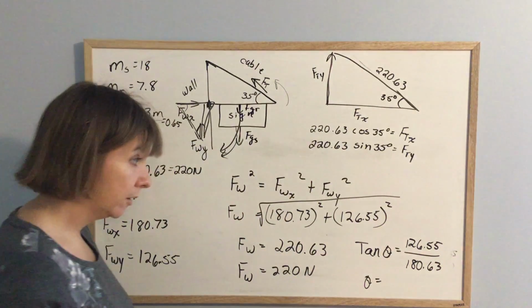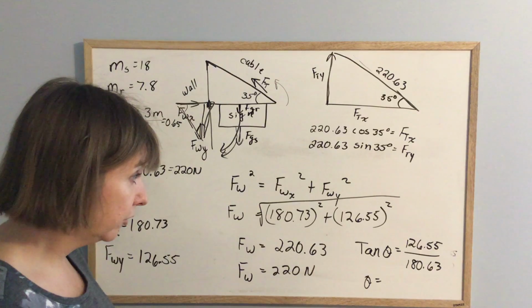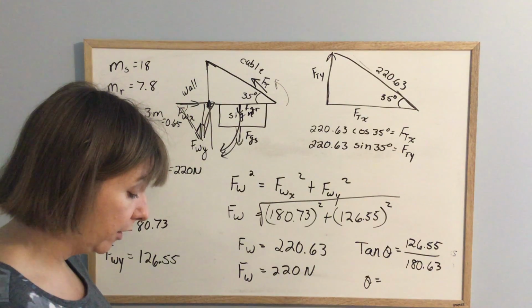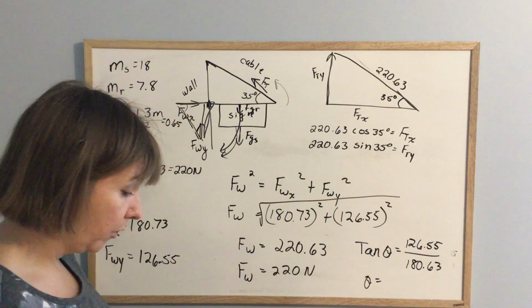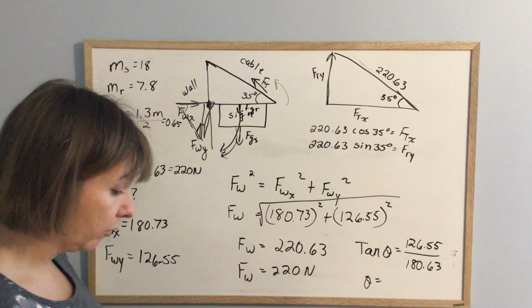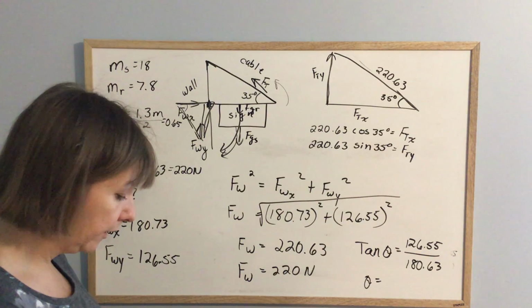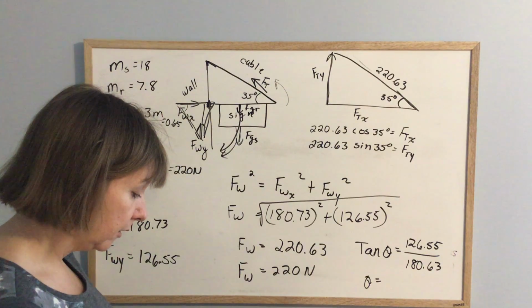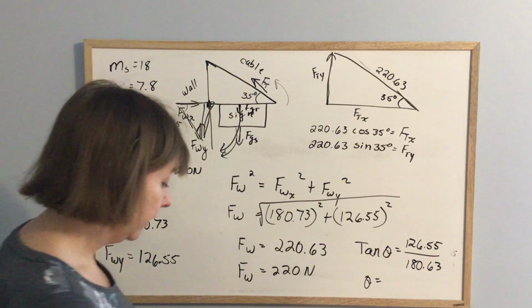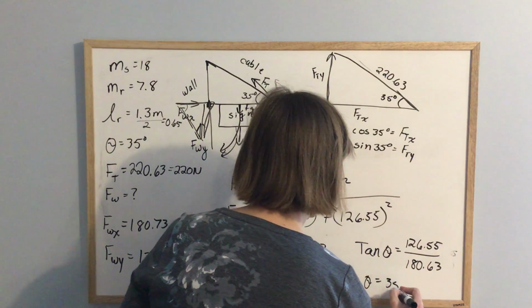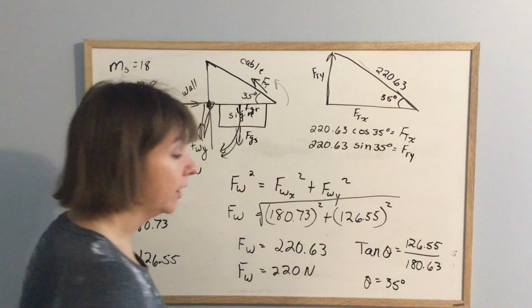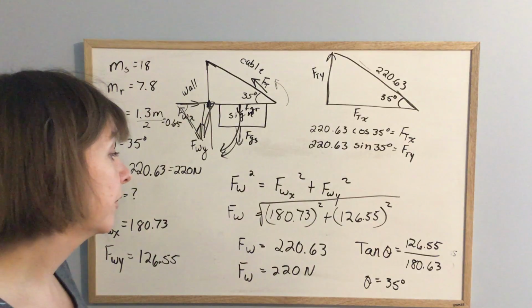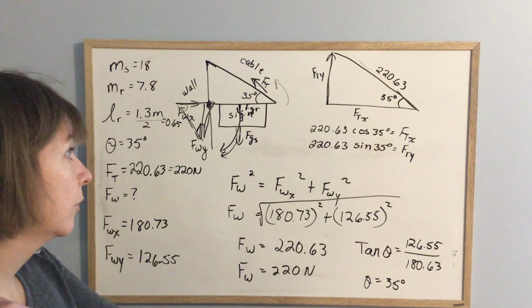And so my angle then, 126.55 divided by 180.63. Second function, tan, and my answer is 35 degrees. So it is exerting a force at 35 degrees to the horizontal.